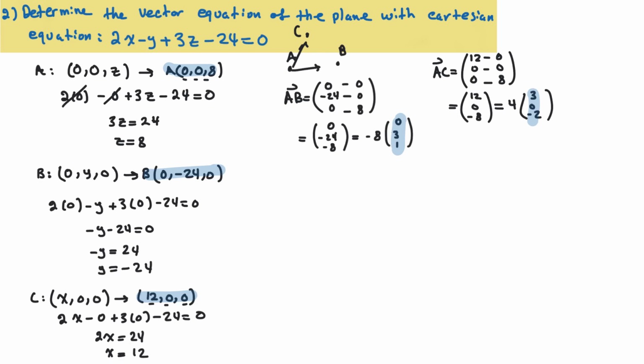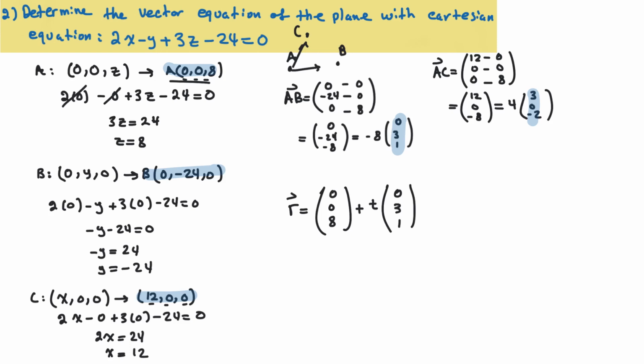So to write our final equation in vector form, r is going to equal a point. Let's use point A here, that's 0, 0, 8. The point cannot be simplified because we're not multiplying it by a parameter. If we were, we could have changed this to 8 and 1 here, but that's not the case. This point needs to stay at 0, 0, 8. Whereas for our other ones, I'm going to use t, and I'm going to use vector AB, which is 0, 3, 1.